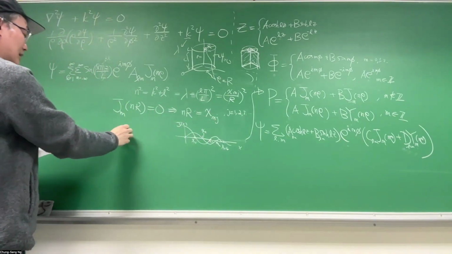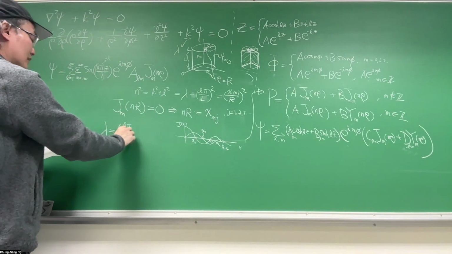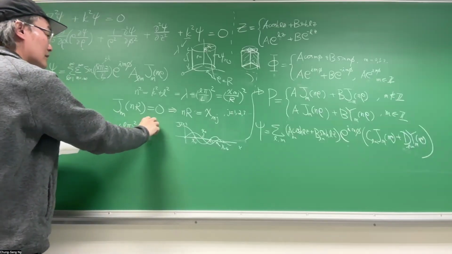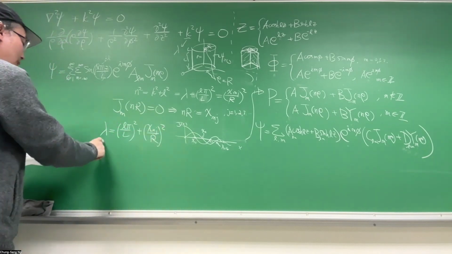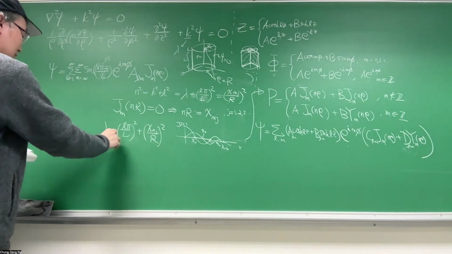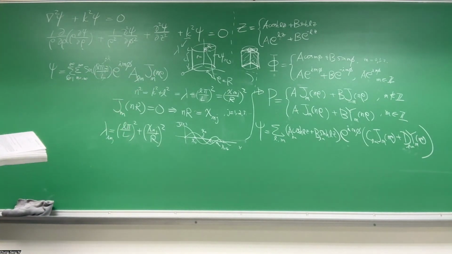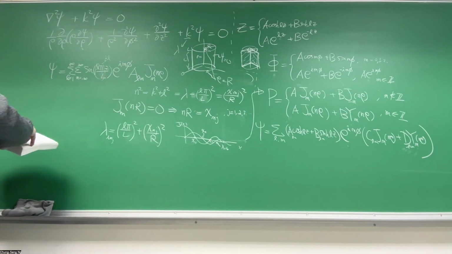Okay, so now lambda equals L pi over L squared plus x over R squared, for all the possible L and M, and actually J, because we have infinitely many of them. Okay, and so finally you need to sum over J also.